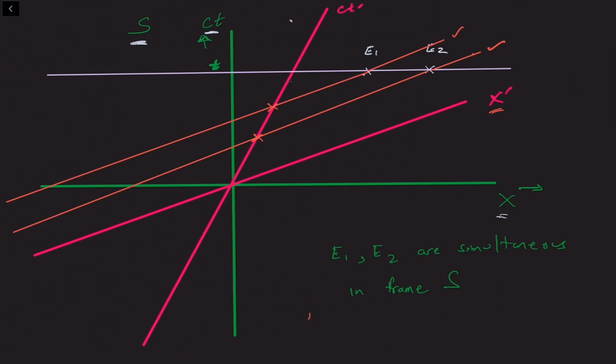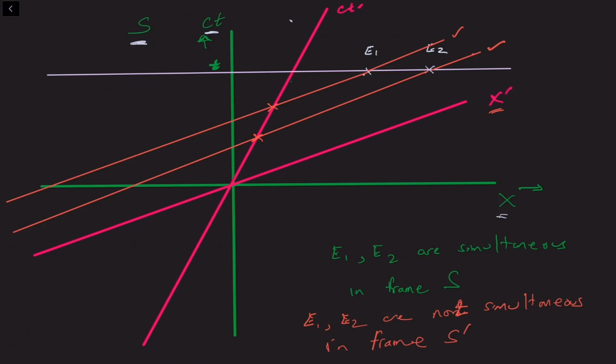Or in other words, we can say E1 and E2 are not simultaneous in frame S prime.